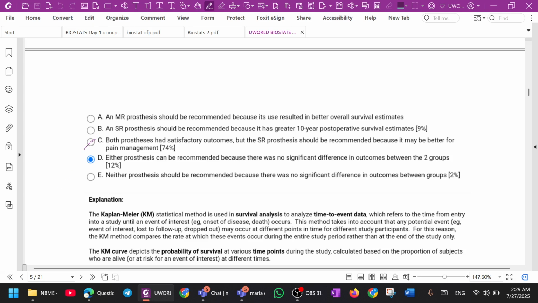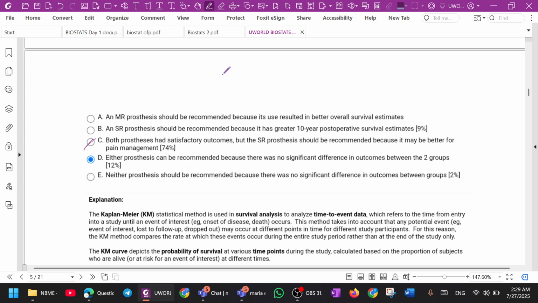The only thing I didn't understand was, the survival rate starts from here, so does this mean that there are more people that survive here, or fewer people that survive here? That's the part I didn't understand when they explained the 100%. The y axis denotes cumulative event-free survival starting from 100, so it starts from here and goes down.